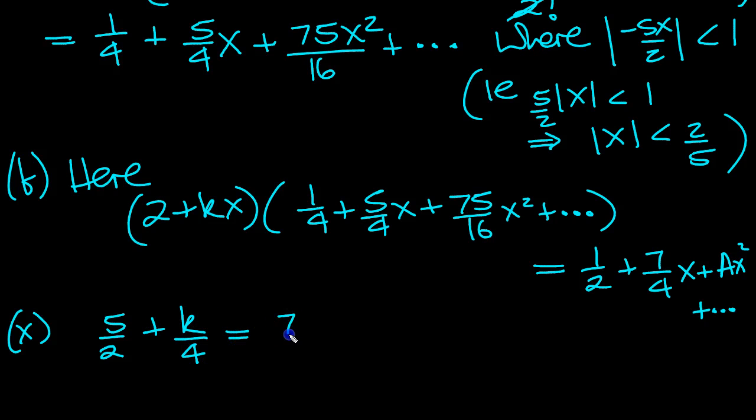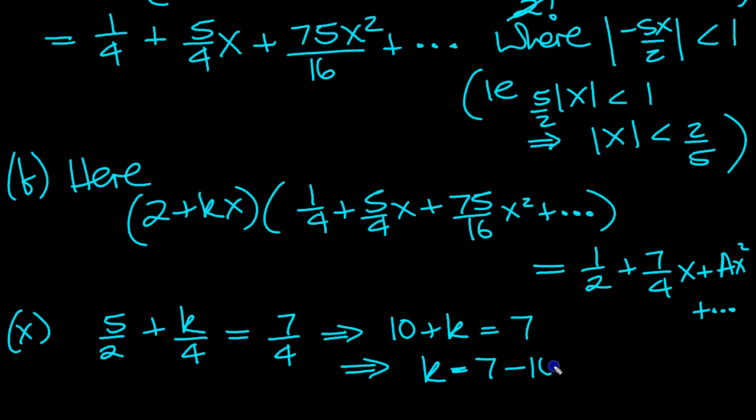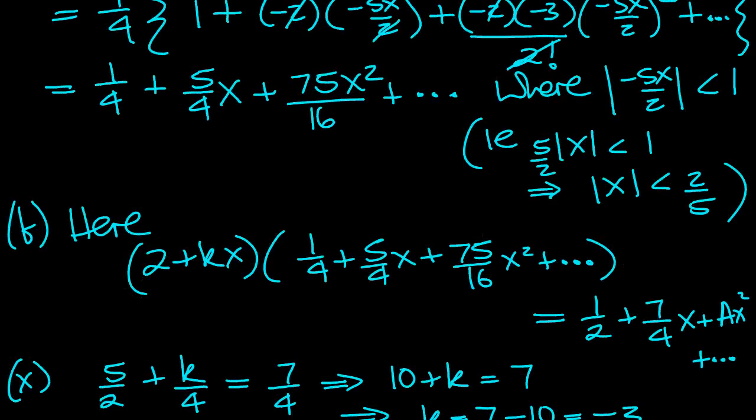And that must equal 7 over 4. So this is 10 over 4, isn't it? If we times everything through by 4, we have 10 plus k equals 7. Move the 10 over, and k is minus 3.